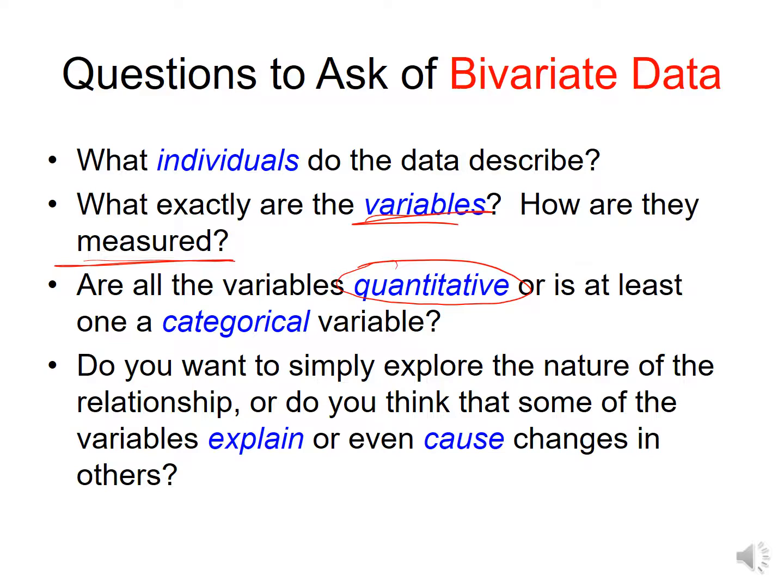And we want to think about, are we trying to explore the nature of the relationship, or do we think that maybe one of the variables explains or even causes changes in the other? So exploring the nature of a relationship is like, do I think these two things might be related in some way, whereas the second part is like, do I think one variable causes the other or explains the other?